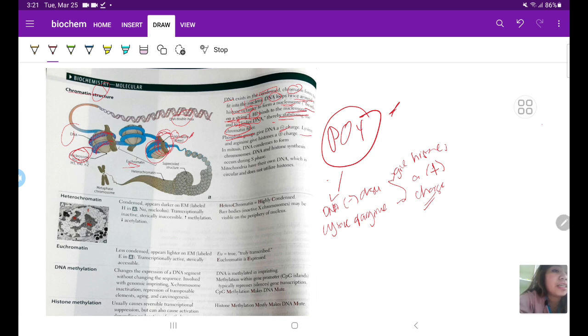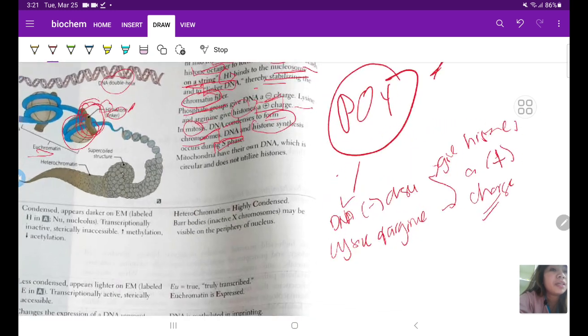So lysine and arginine give histones a positive charge. In mitosis, DNA condenses to form chromosomes. DNA and histone synthesis occurs during the S phase.